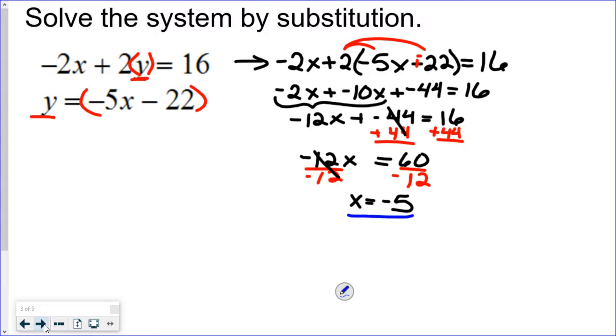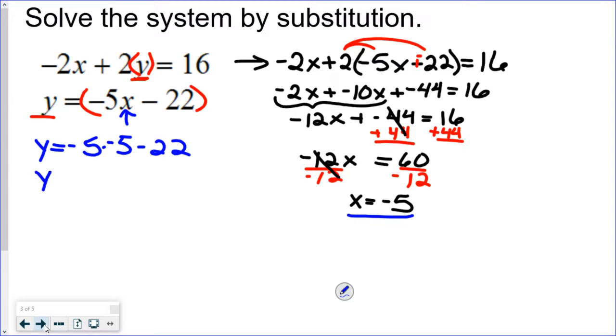Either equation, but again, the one that has the variable by itself is easier. So instead of x, I want to put a negative 5. So y equals negative 5 times x, which is negative 5, minus 22.